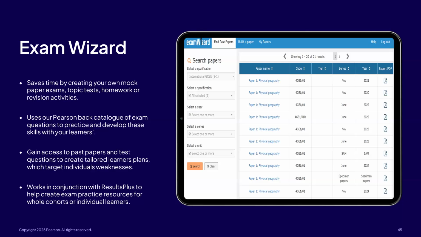But anyway, all of the past paper content is pulled together and categorized, and it means that if you want to find a particular question on a particular topic and make an exam paper out of that, you're able to find those things, and you can pull together and export them free of charge into an exam paper. But I'm not sure that the specifications we're talking about today are supported by Exam Wizard. And that's something we're working on, but I don't think we're quite there yet.